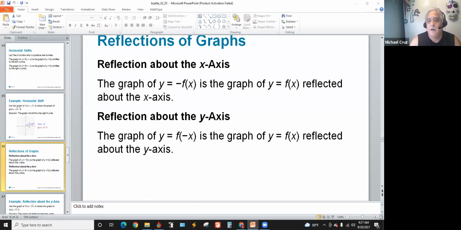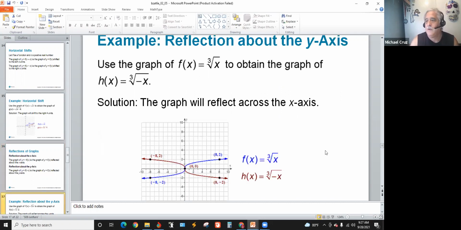And then if we put a value in where the incoming value for the function is negative, then it reflects on the y-axis. So here's the one on the y-axis. I'll show you both of them in a second. But notice they use the cubic function and they change it from x to negative x, so it reflects about the y-axis.